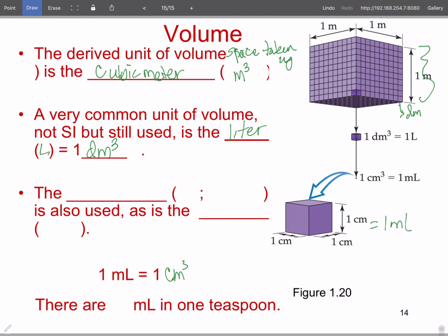Okay? So a centimeter cubed is 1/10. Okay? And if you separate the decimeter into another 10, that's where you get the centimeters. Okay? So the milliliter, and it's 0.001 of a liter, or 10 to the minus 3 of a liter, is also used, okay, as is the cubic centimeter.